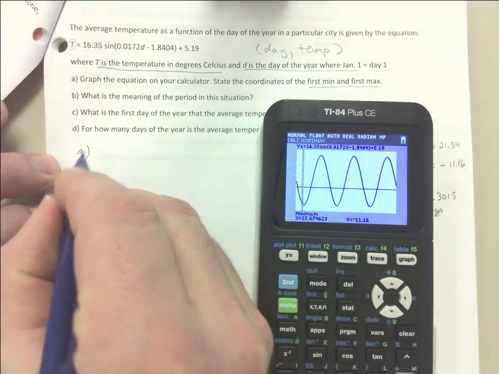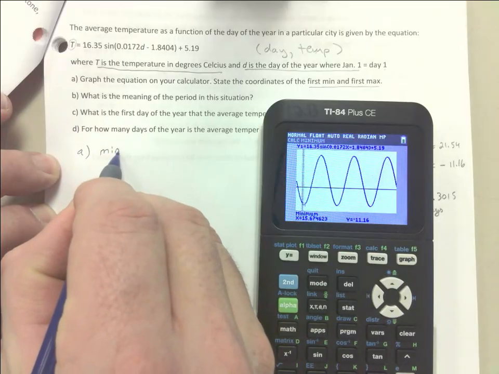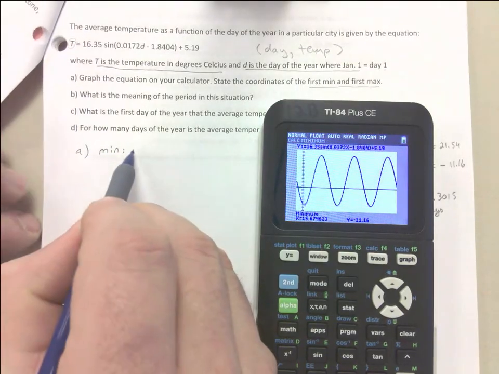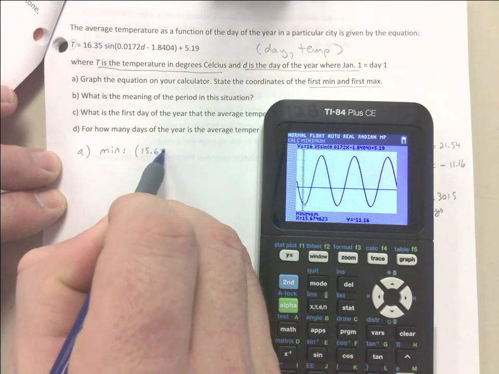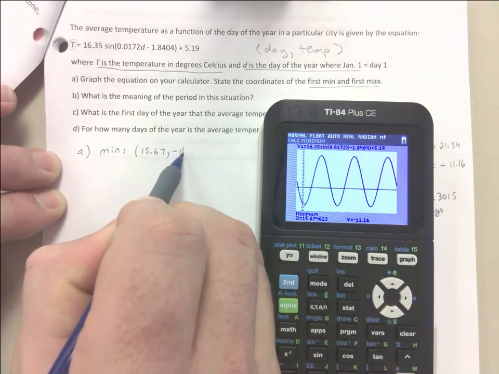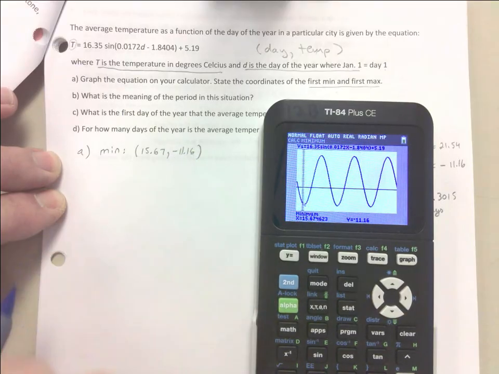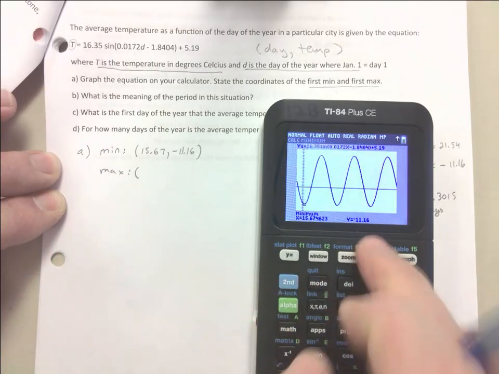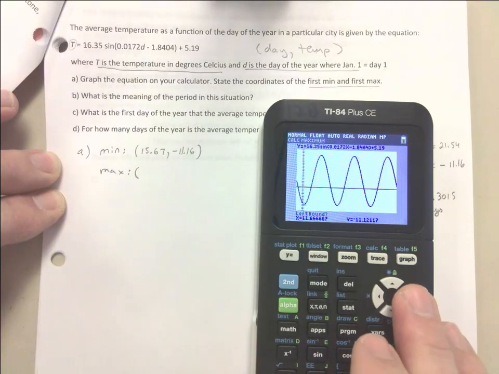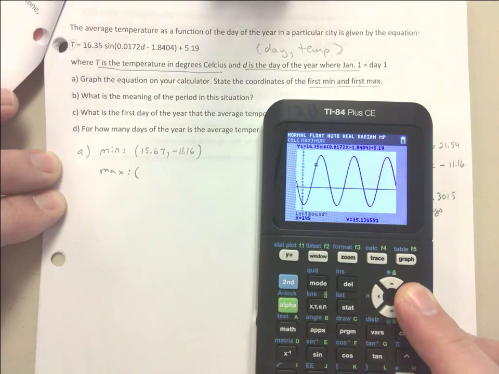So for A, the min, the actual point is 15.67. That is the first one, and now the first max. I have it, I think, here. Well, let's just go with this for now.